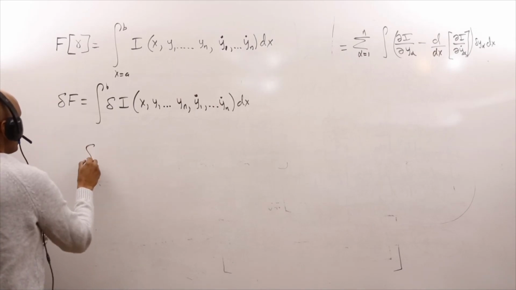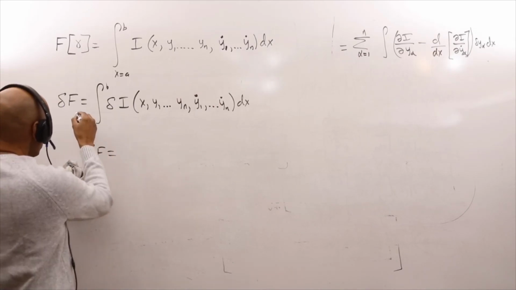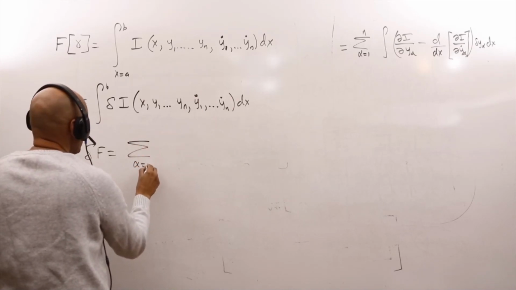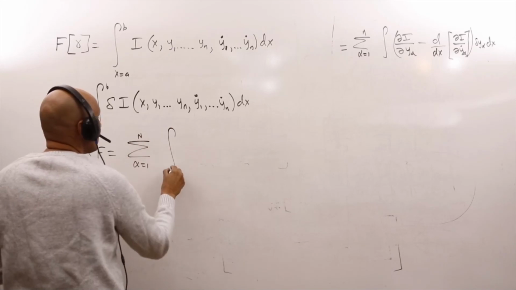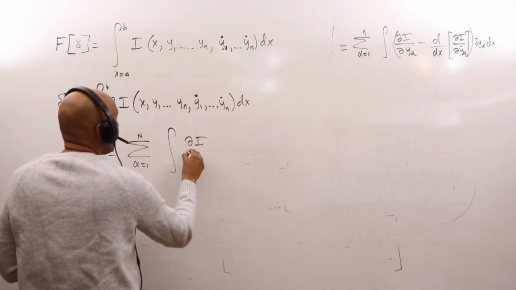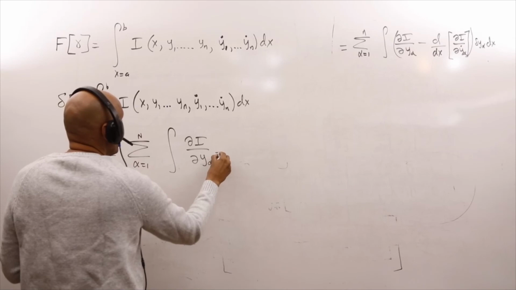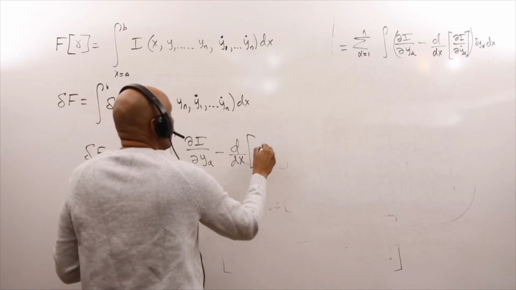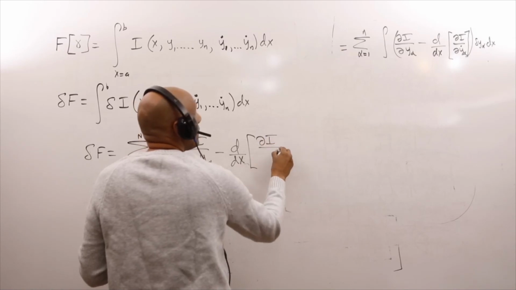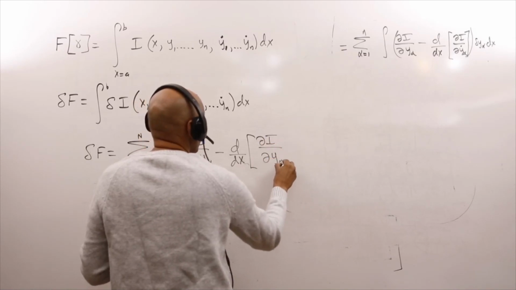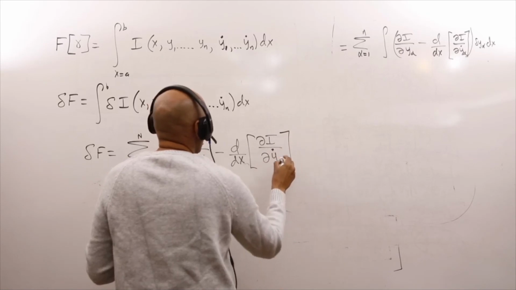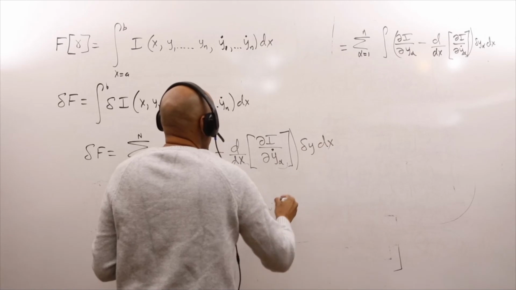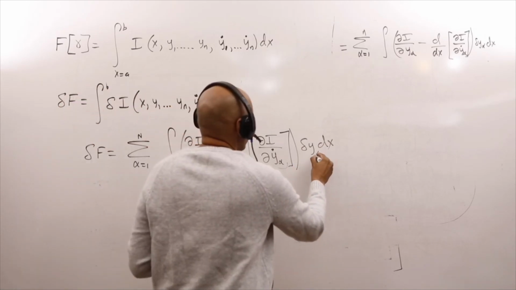So what we're saying is that the variation of f, which is here, is equal to the summation of alpha taken from 1 to n of the integrals of partial of I with respect to y alpha minus the derivative with respect to x. And I forgot the alpha, so here.